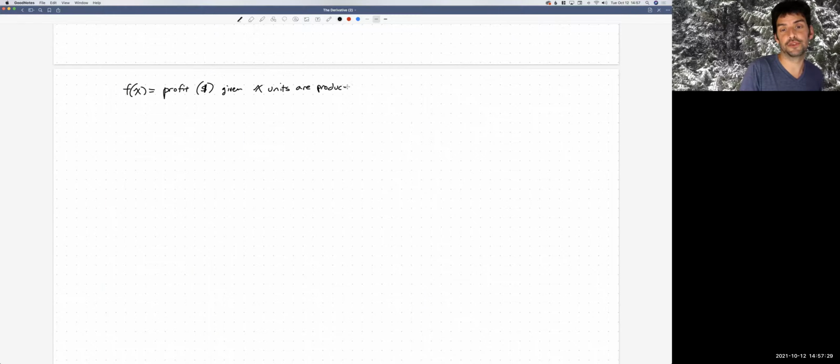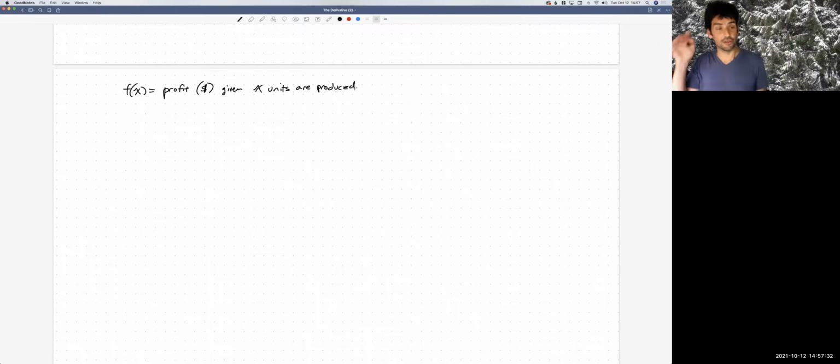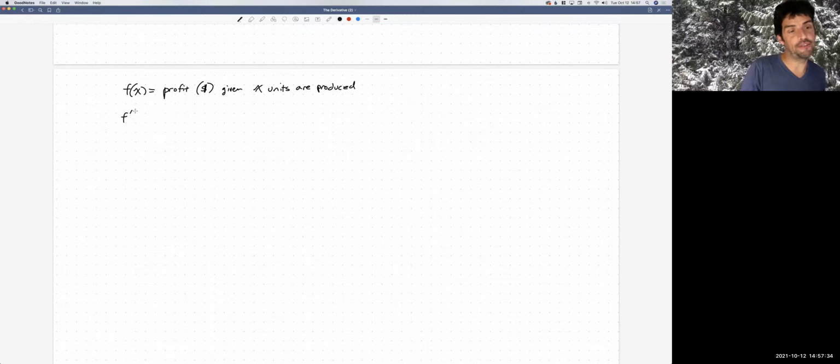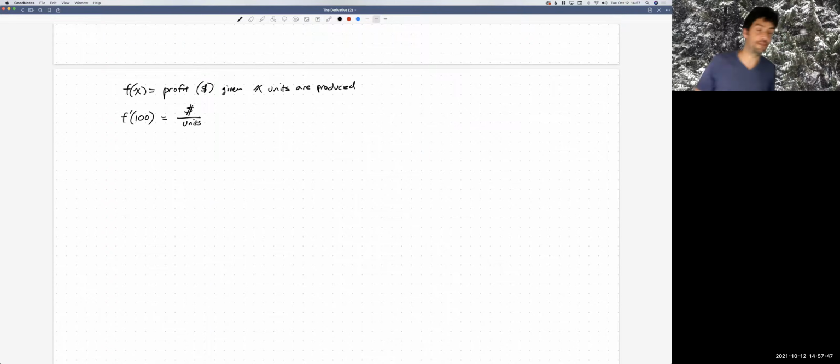So some function from a business model. Then if we looked at, for instance, f prime at, I don't know, 100 units produced, well, we would have dollars over units, right? It's how does our profit change if we change the number of units we produce, right? And that's not always going to be the same, right?